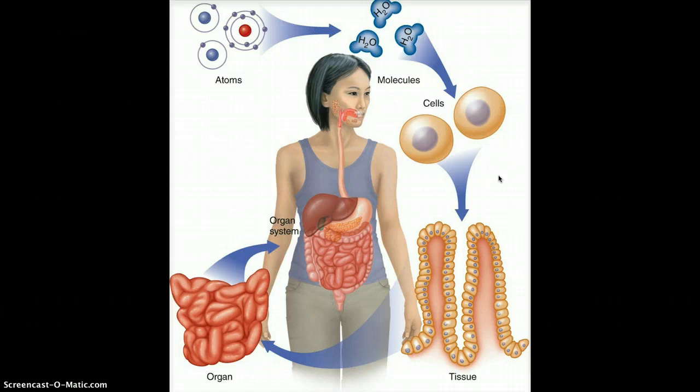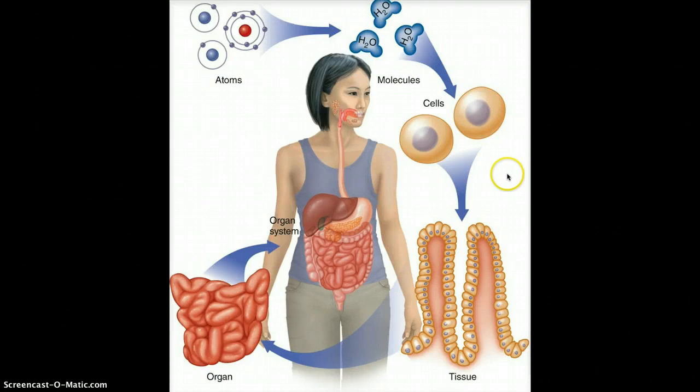So if we're talking about endothelial tissue, so like the tissue that makes up the membranes inside of our mouth, let's say, the cells are all going to kind of look similar. If we're talking about bone tissue, those cells are all going to mostly look the same. If we're talking about muscle tissue, the cells are going to look the same because cells look the way they do in order to perform whatever job they perform.